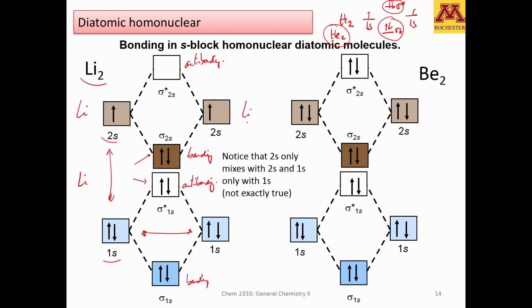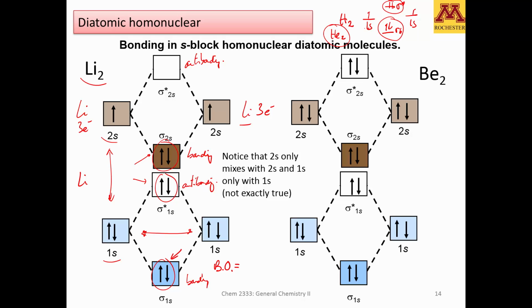In this case, each lithium, so this lithium brings 3 electrons, and this one brings 3 electrons. We need to place 6 electrons, 2, 2, and 2. Okay, so if you try to calculate the bond order for lithium, the bond order is electrons in bonding orbitals.